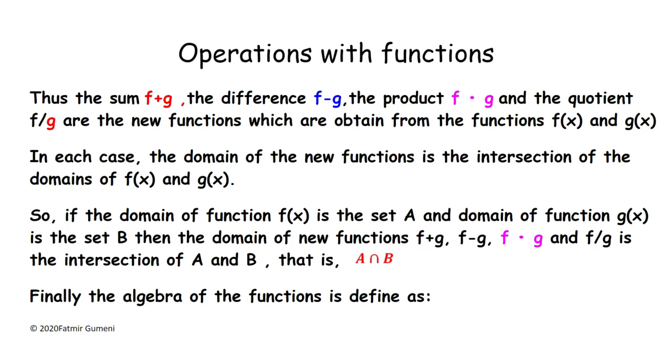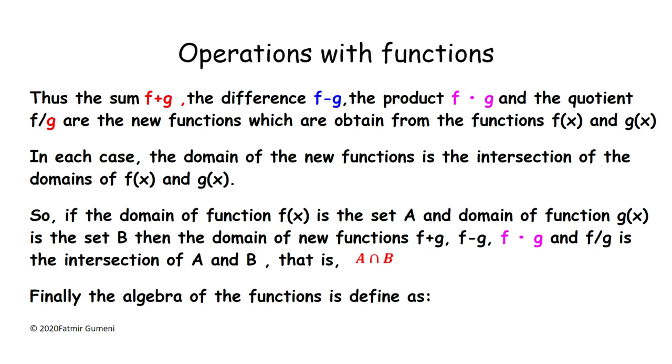So, if the domain of f of x is the set A and the domain of g of x is the set B, then the domain of the new functions f plus g, f minus g, f multiplied by g, and f divided by g is the intersection of A and B, that is, A intersect B.